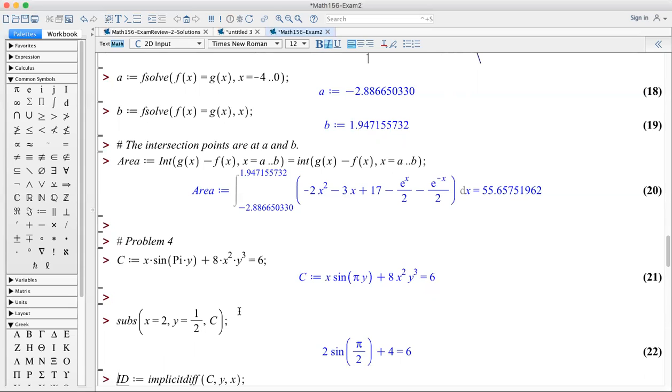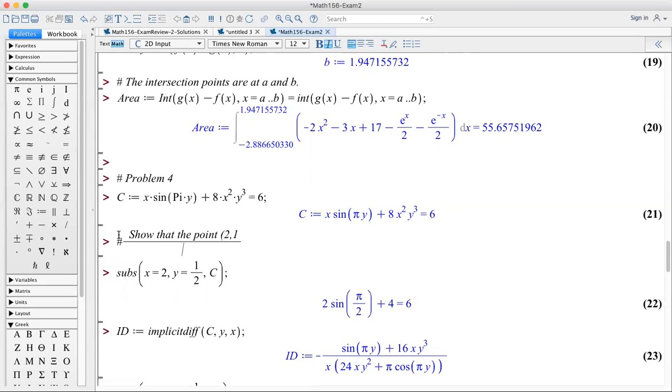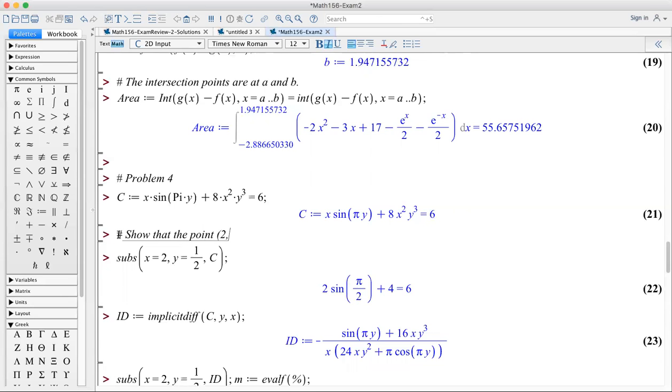So that proves that the point we want to show, 2 comma a half, I'll just write it as 0.5, lies on the curve C. And here's how you do it.